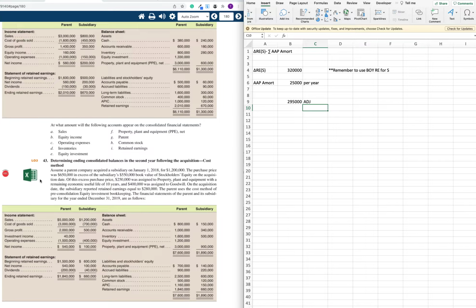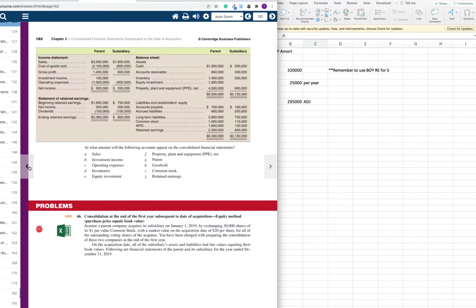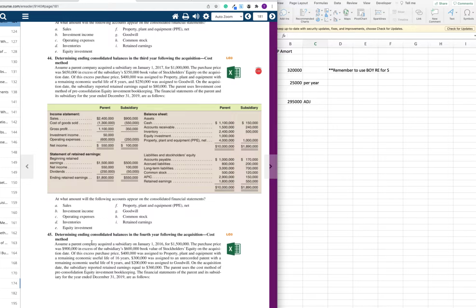So that's for the numbers that we're looking at with this 43. Let's go to 45. Oh, I think I went too far. So for 45, we'll do the same thing. We're going to try to figure this out, but we're looking at the 4th year. So assume the parent company acquired a subsidiary on January 1st, 2016 for $1.5 million.